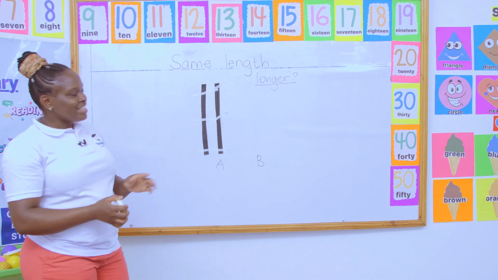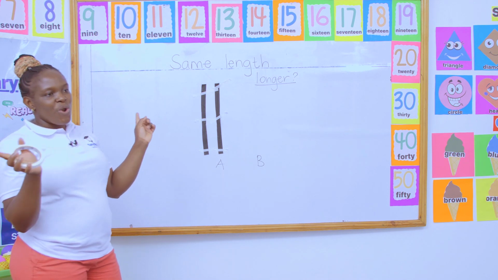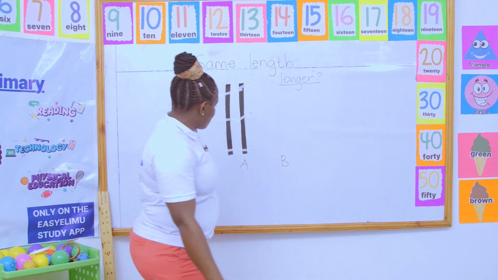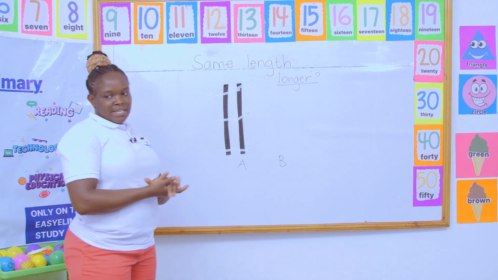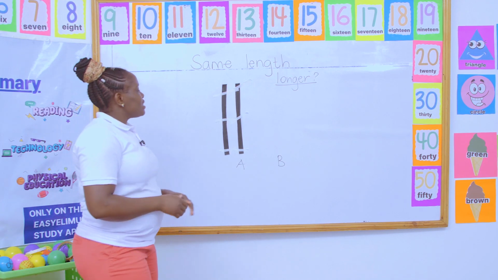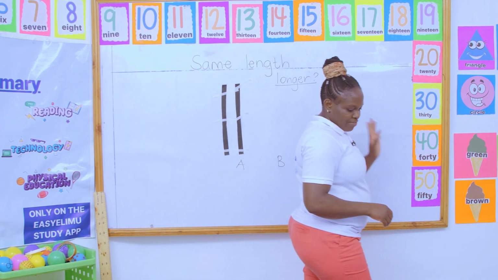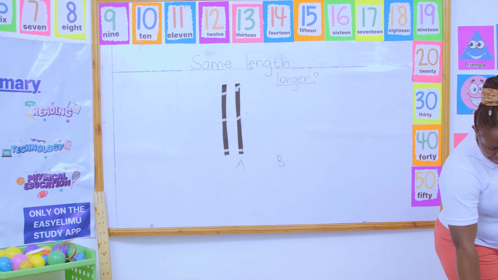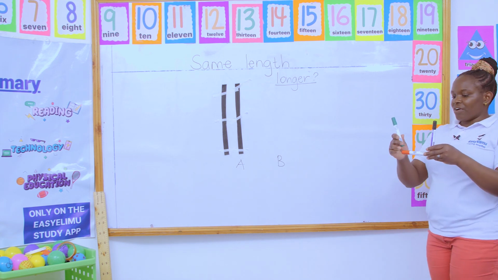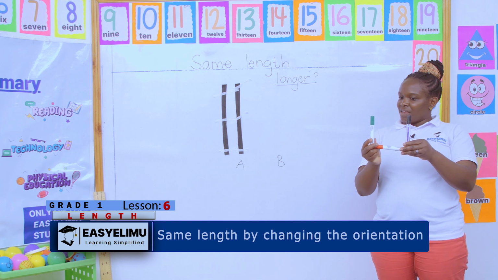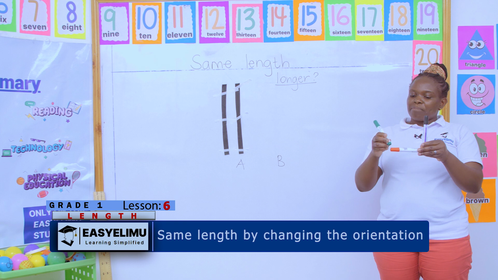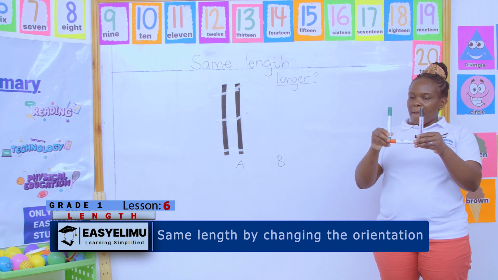Has it changed the size of the length? No, no, no. The length of rope A and rope B still remains the same. It will not change. So what are we saying? The direction does not affect the length of something. Are we together? The black pen is the same length as the red pen and as the green pen.